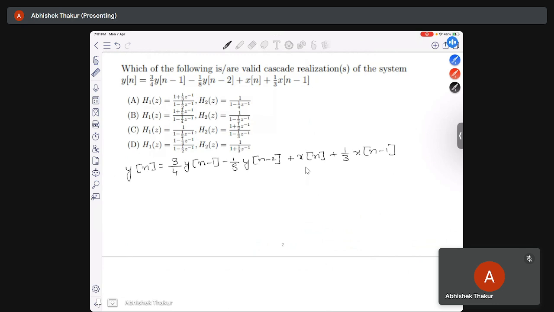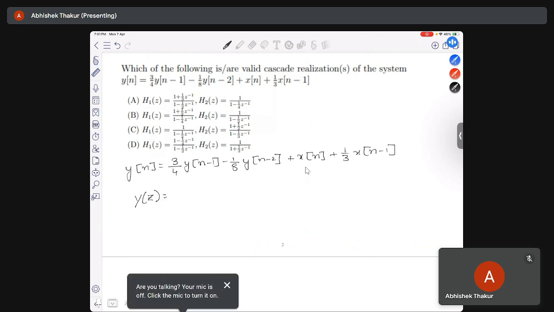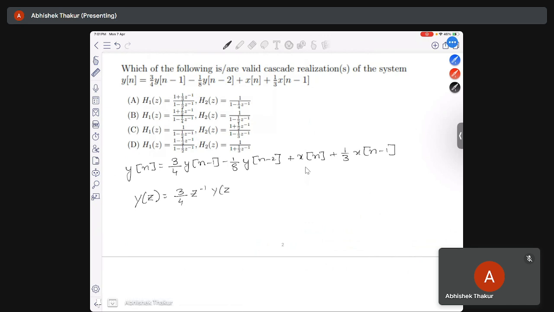Now we will take the z-transform of this. So we will get Y(z) = 3/4 z^-1 Y(z) - 1/8 z^-2 Y(z) + X(z) + 1/3 z^-1 X(z).